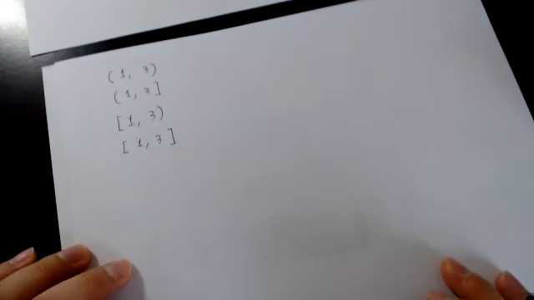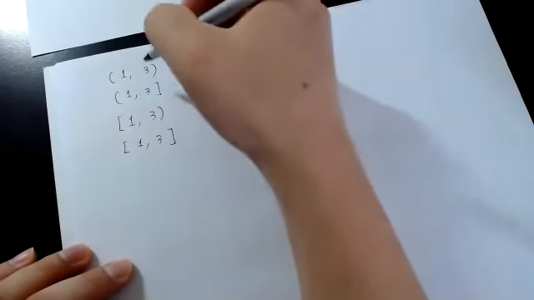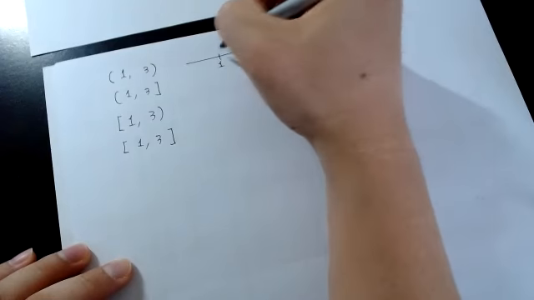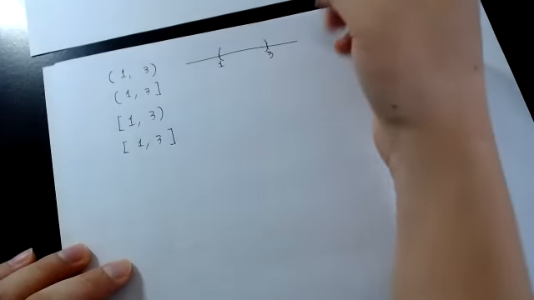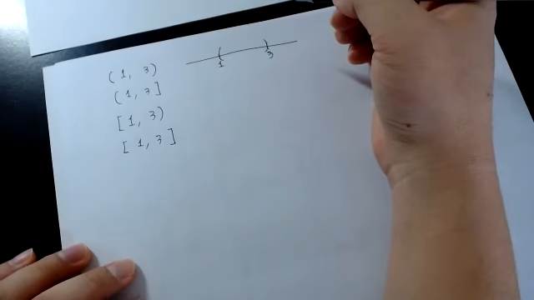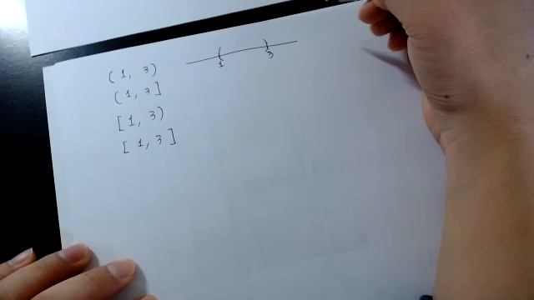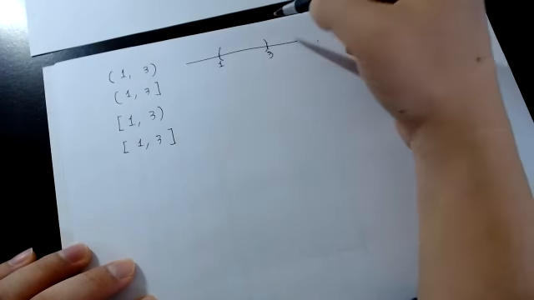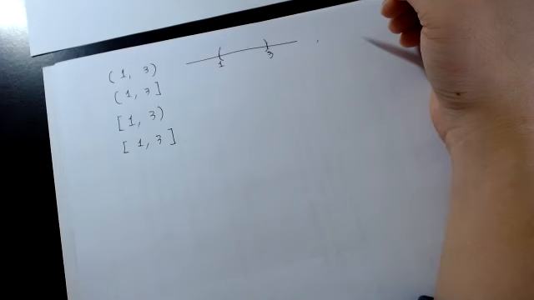Let's see. This is an open interval, right? In interval notation, here are 1 and 3, both open.